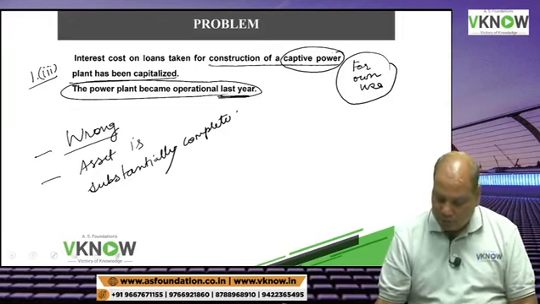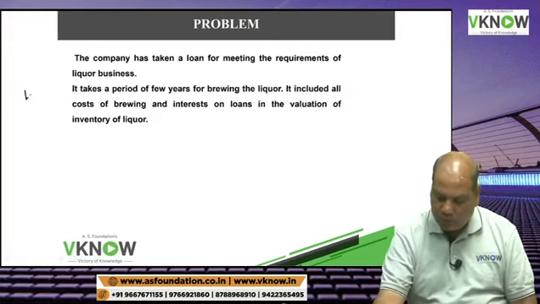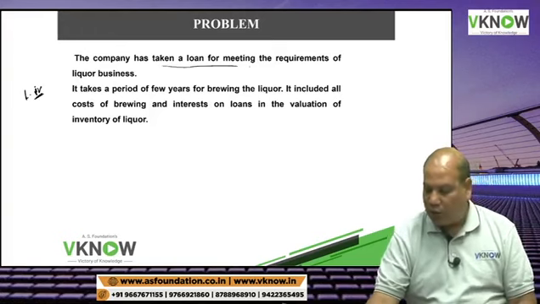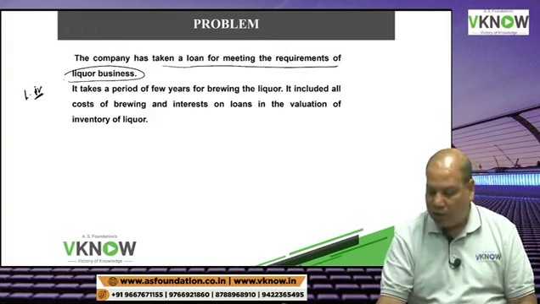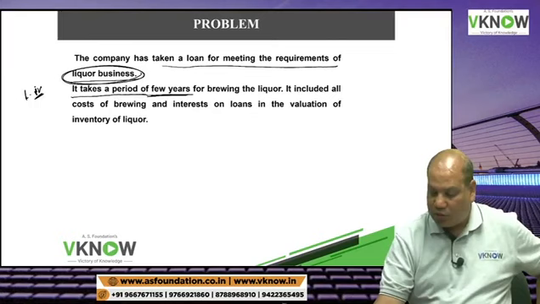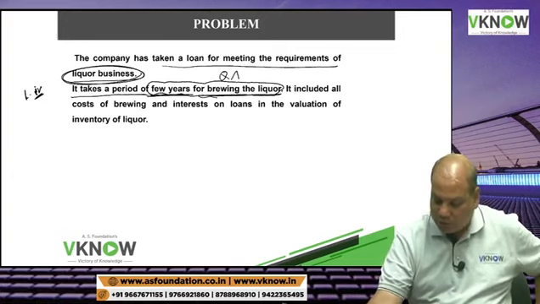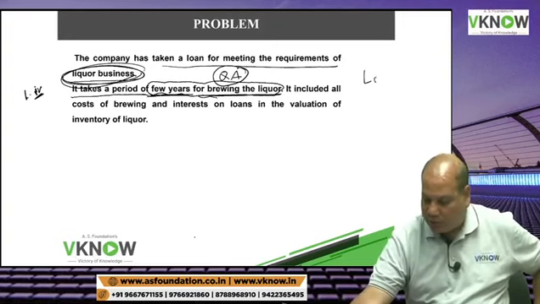Next point, question number 1, point number 4. The company has taken a loan for meeting the requirement of liquor business. It takes a period of few years for brewing the liquor, that is the manufacturing process. So liquor is a qualifying asset.